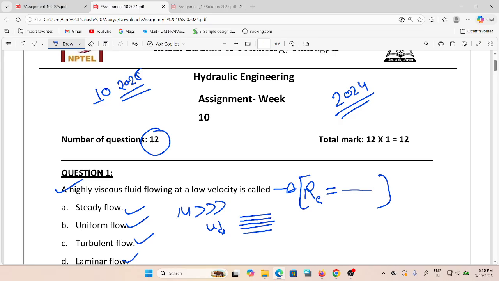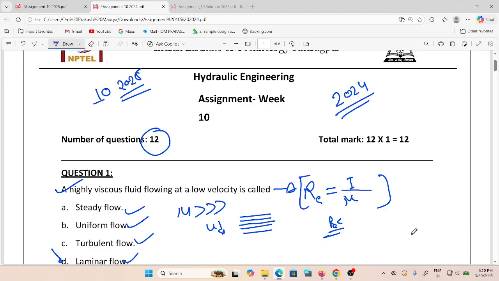Visually, I am just trying to explain to you. If the viscous force is very high compared to the inertia force, your Reynolds number is also low. How much low or high is only qualitative, because quantitative values are not given. So definitely this flow is indicating laminar.